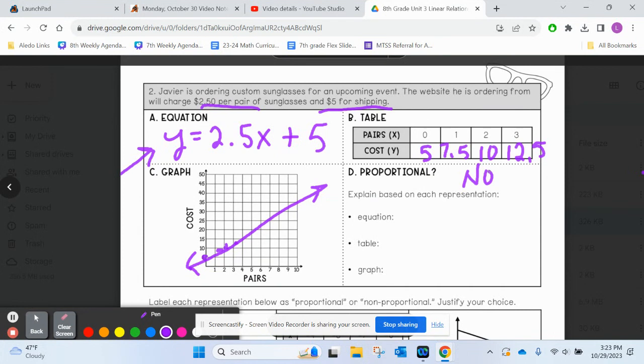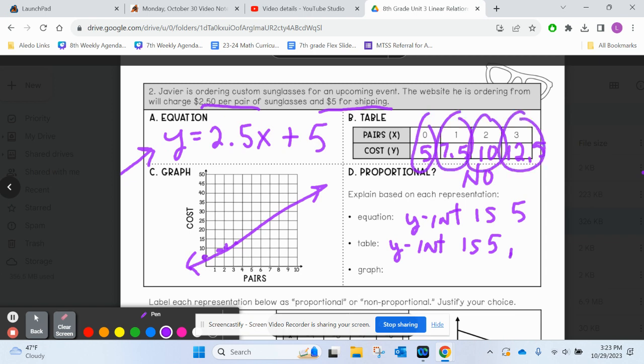Based on the equation, it is not proportional because the y-intercept is 5. Remember, to be proportional, the y-intercept has to be 0. In the table, we can still state that the y-intercept is 5 because we can see that. And you should also notice that the ratio y over x for each pair is not the same.